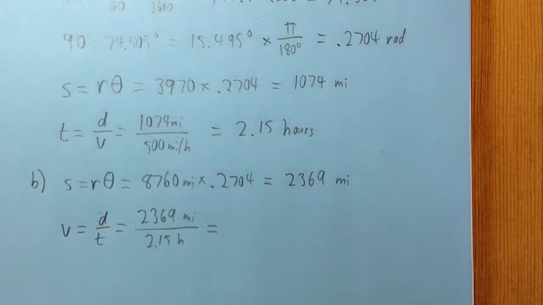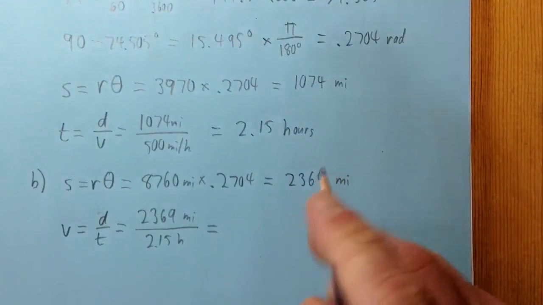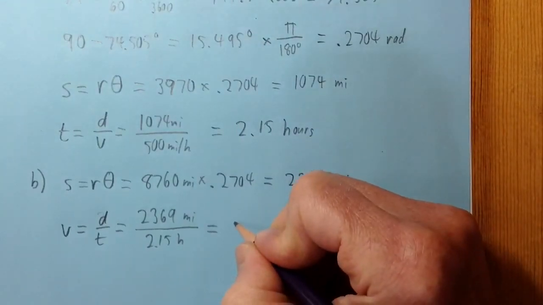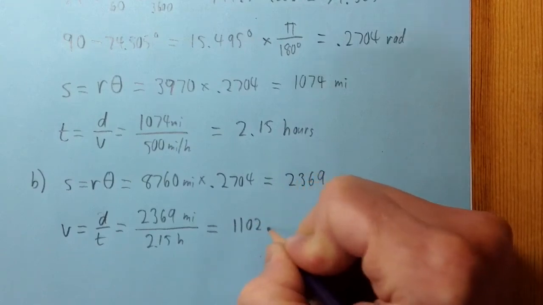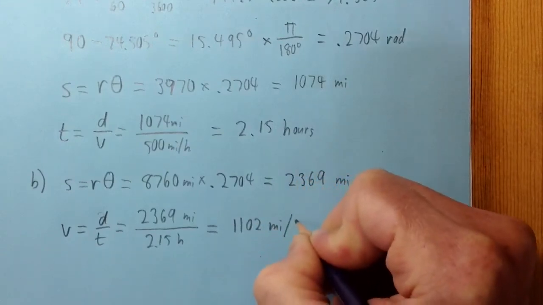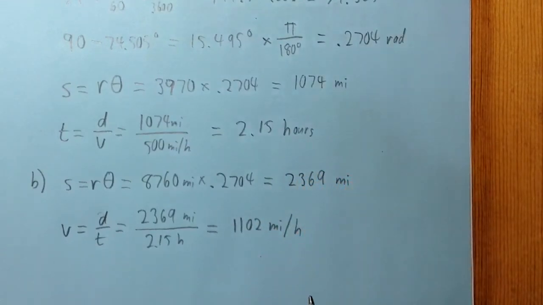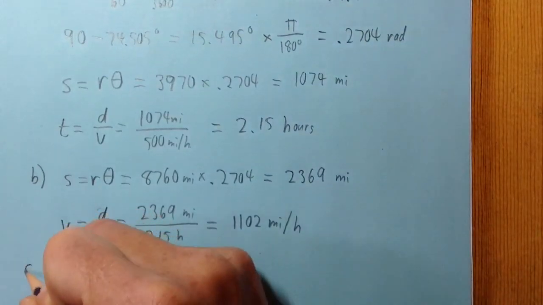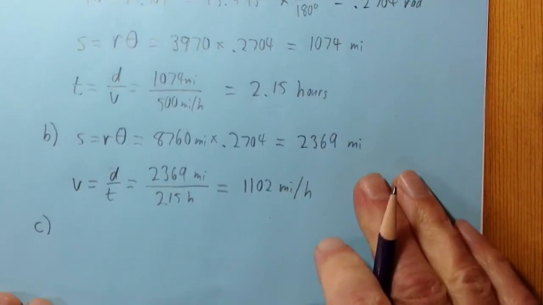So divide that by 2.15. And I get about 1102 miles per hour. Okay, so the satellite is going about 1102 miles an hour. So then, good, part B, that was easy.